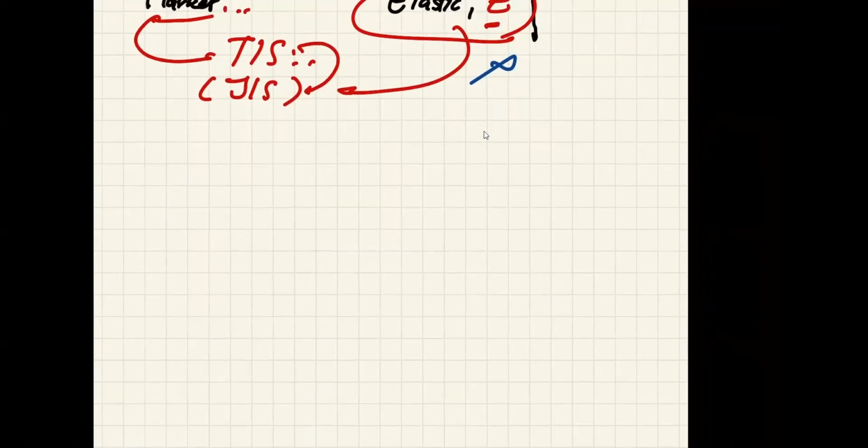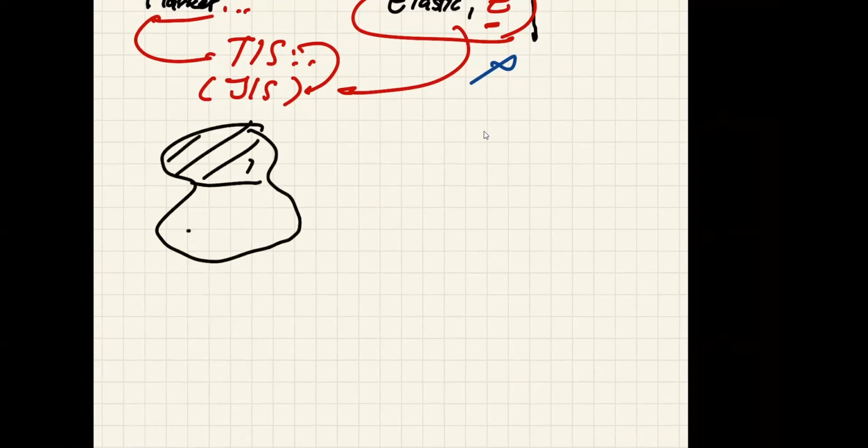Now to achieve equilibrium, whatever the cross section we have, the ugly shape like this, you have compression and tension. The compression must be equal to tension.